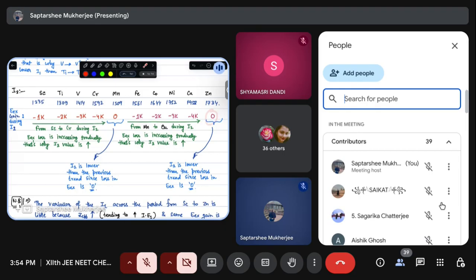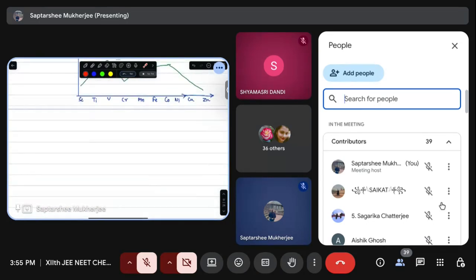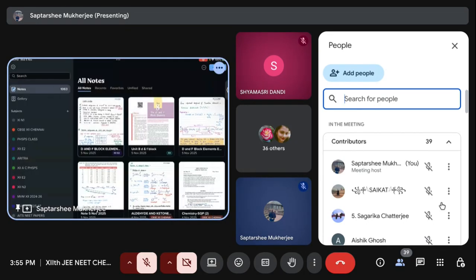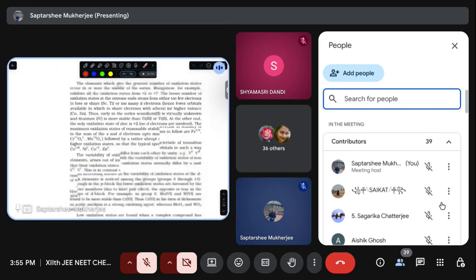So technically it is not possible for us to predict the exact order of the standard reduction potential values. It is not possible to do that. What max we can do is take the help of table 4 in NCERT.